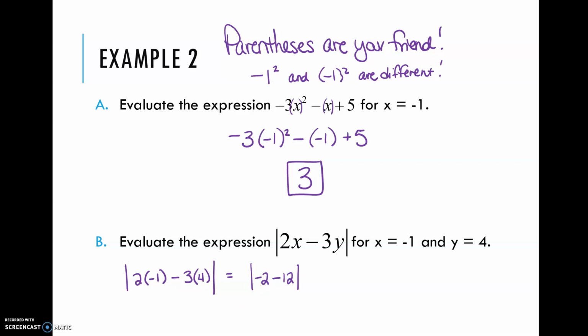So you can either think of that as minus 3 times 4, or you can think of it as -3 times 4. -2 minus 12 is -14. Honestly, you could have done all of the stuff inside the absolute value bars in your calculator if you wanted to, but the absolute value you need to do on your own. How do you find the absolute value of -14? What is that? Positive 14.